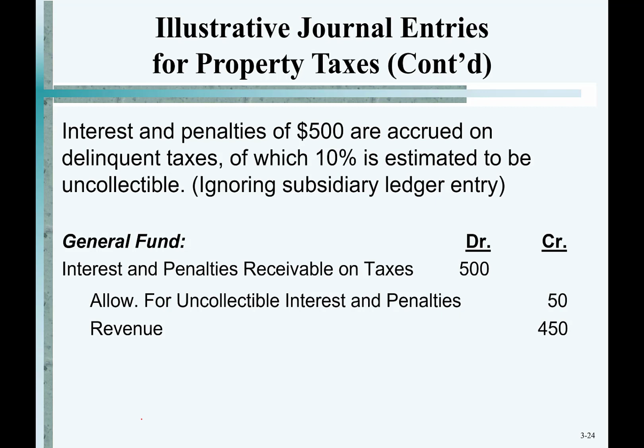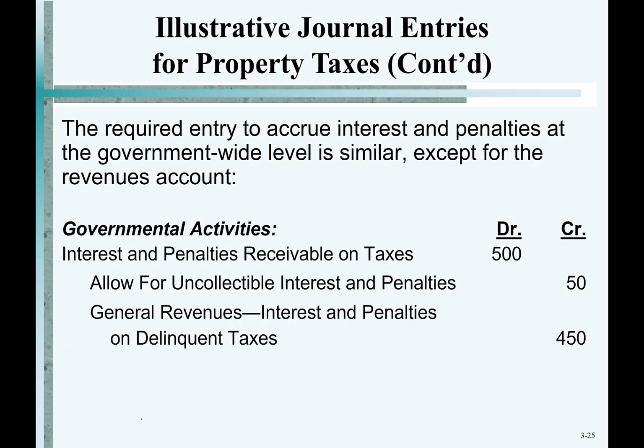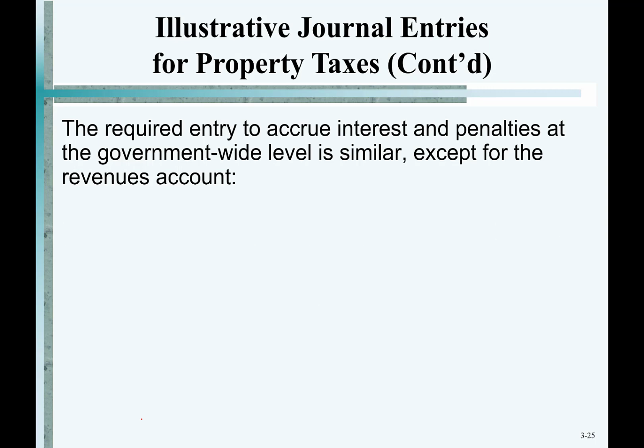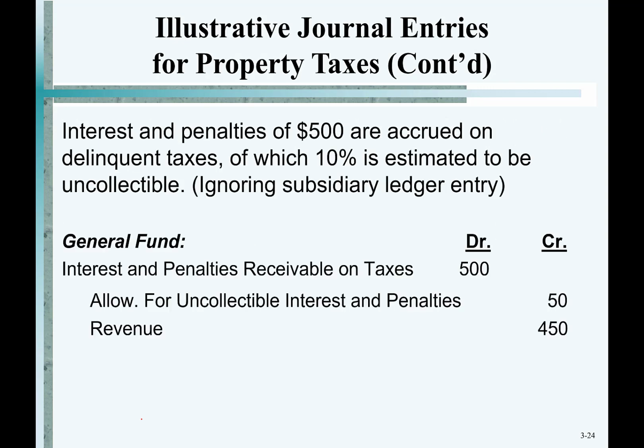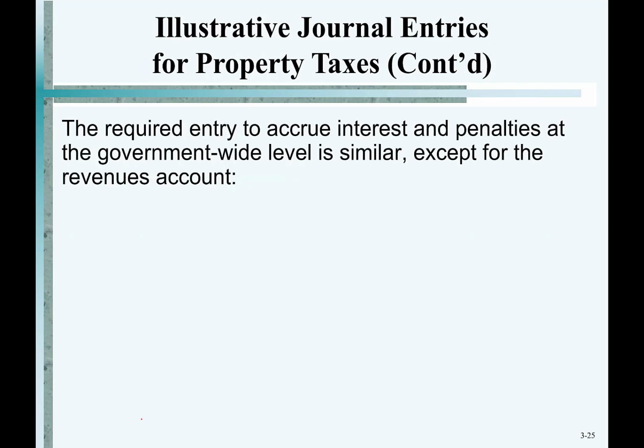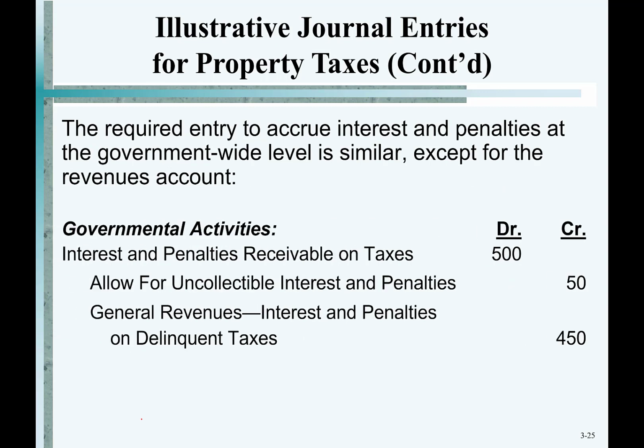Okay, good. Oh, sorry. This entry is for the general fund. This entry is government-wide. No difference in terms of the logic of debit and credit, just different account names that we might use at the fund level versus government-wide. But the logic of the debit and credit is exactly what we saw for the general fund.